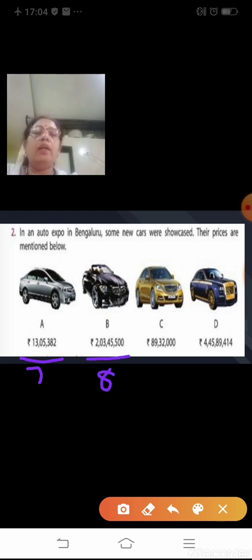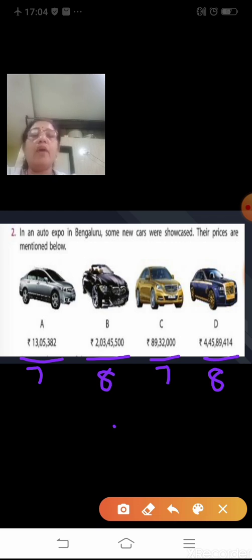The third one is 89,32,000. Again this is a 7-digit number. And the last one is 4,45,89,414, and this is an 8-digit number. Now here we have got two 8-digit numbers and two 7-digit numbers, correct?